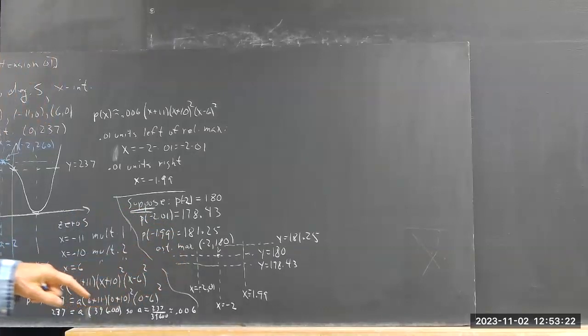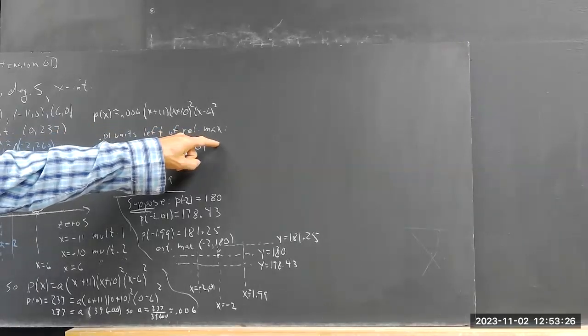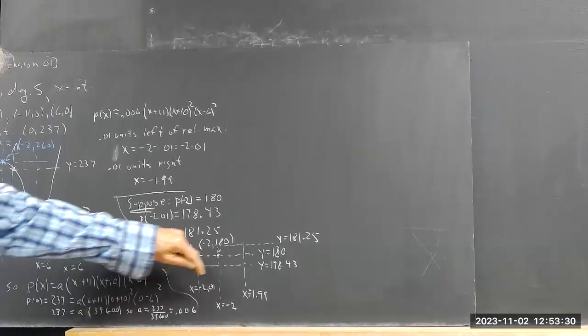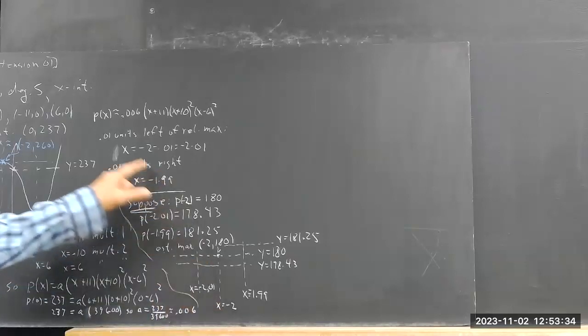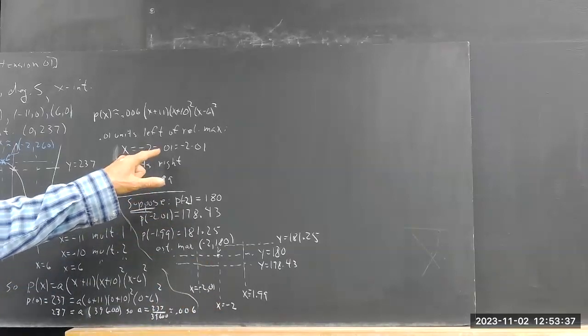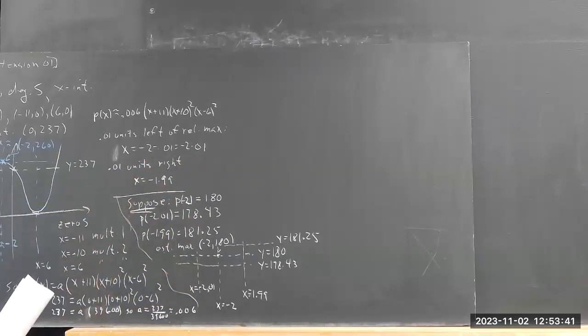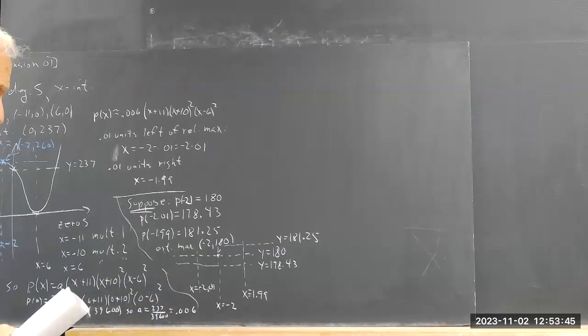Then what? We take 0.01 units to the left of the relative maximum. What does that mean? Your x value is going to be 0.01 units to the left. So if x is -2, -2 minus 0.01 is -2.01. 0.01 units to the right is x equals -1.99.